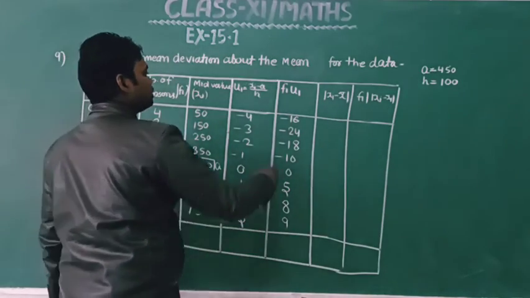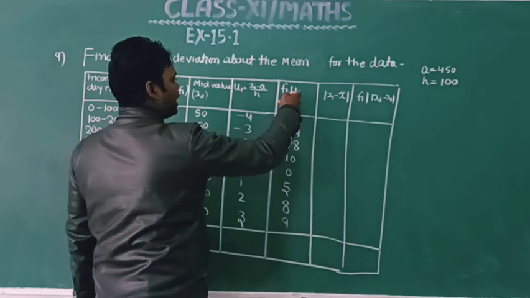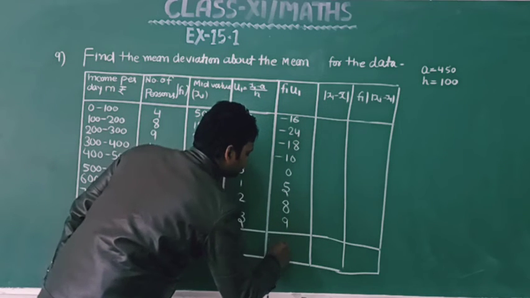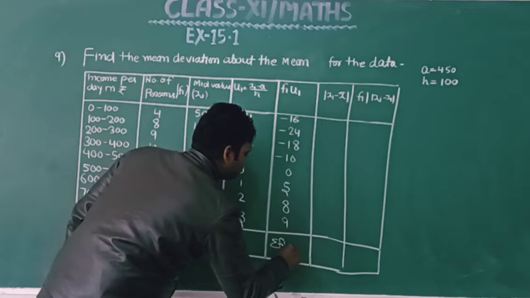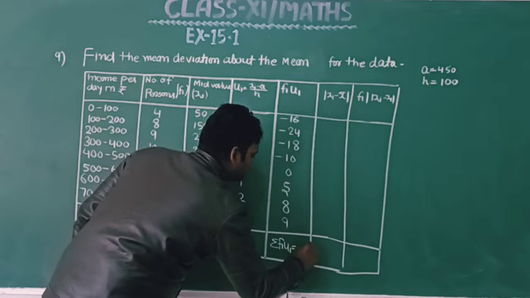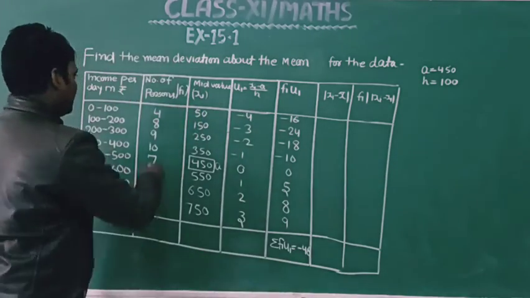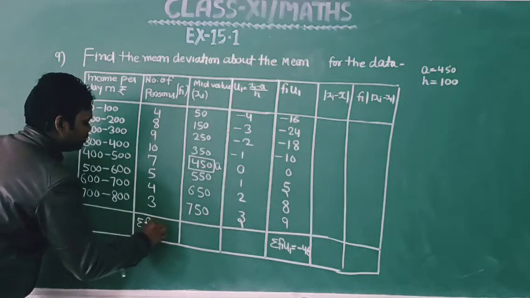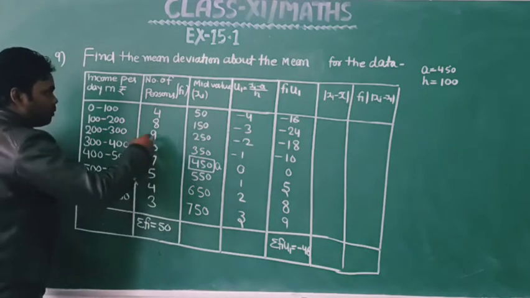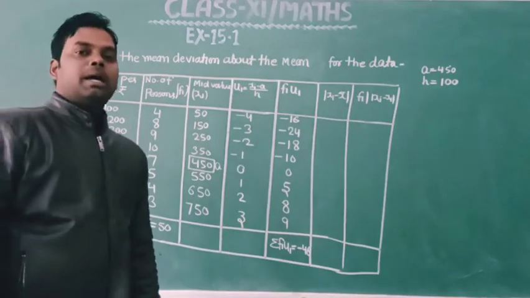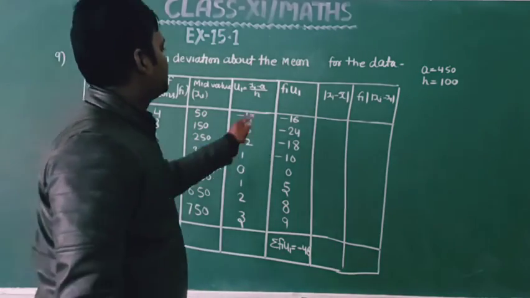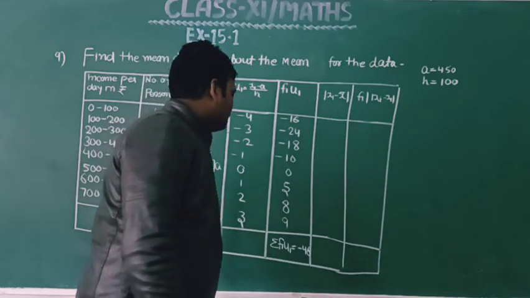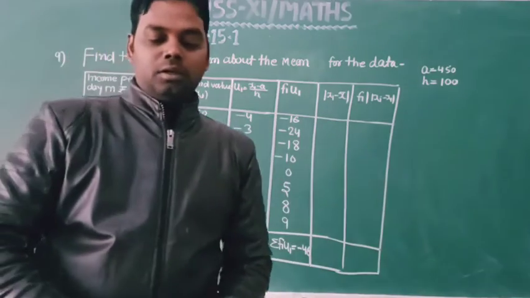Now adding each fi ui, we get sigma fi ui equal to minus 46, and adding each fi we get 50. The sum of each fi equals 50 and the sum of fi ui is minus 46.